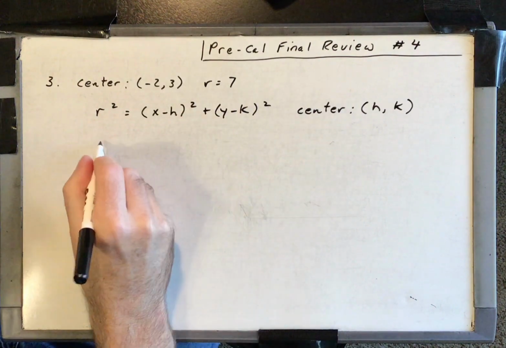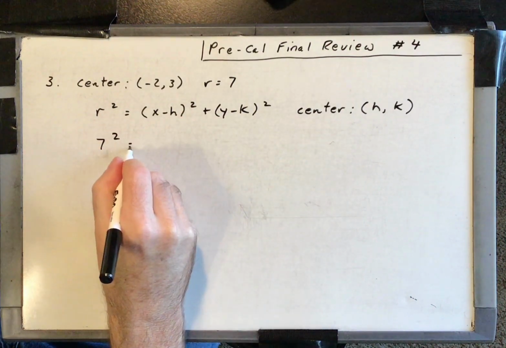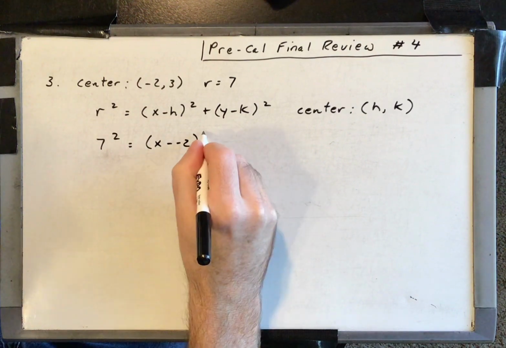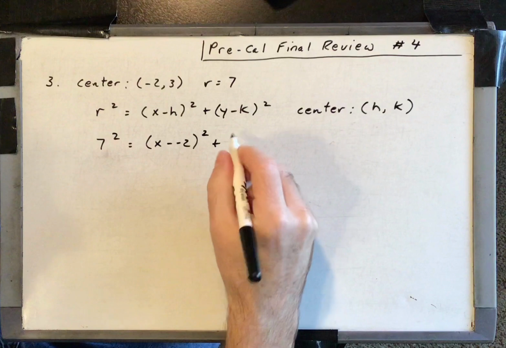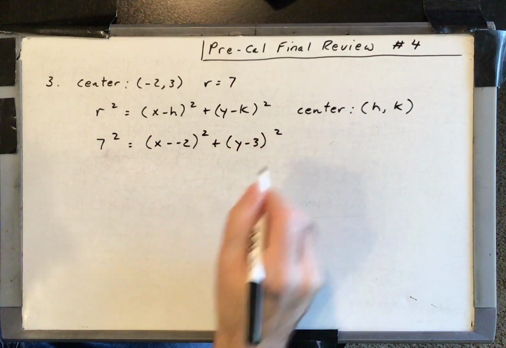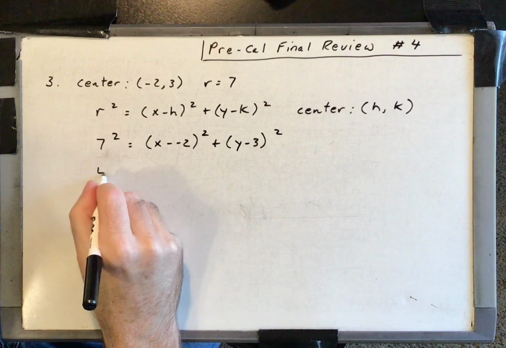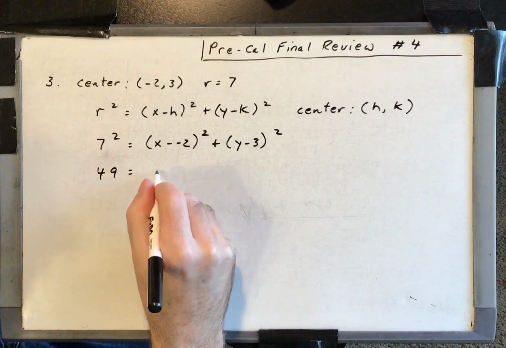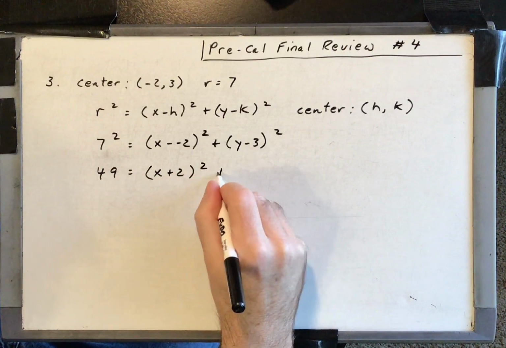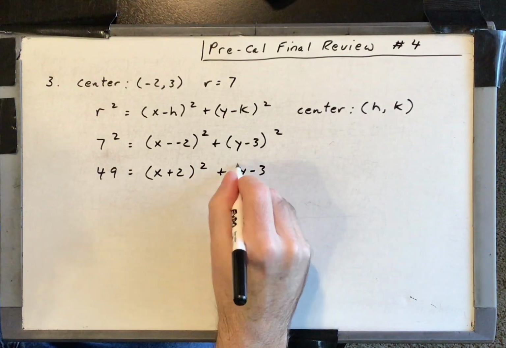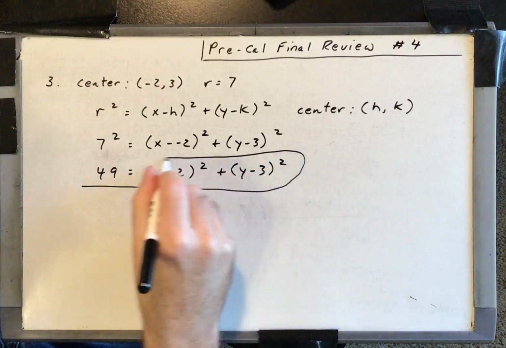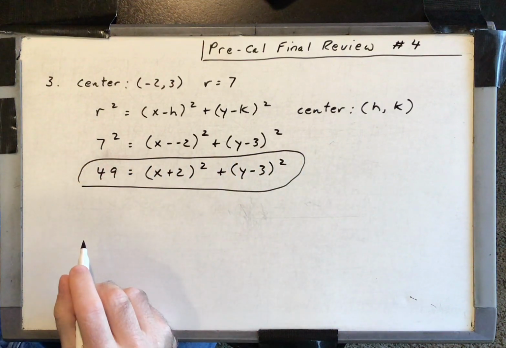So in this case we would have 7 squared is equal to (x minus -2) all squared plus (y minus 3) all squared. So we would have 49 is equal to (x plus 2) all squared plus (y minus 3) all squared. Okay, and that's all there is to it.